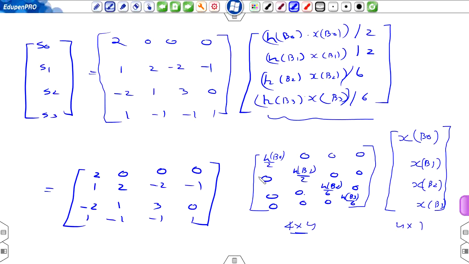So now in this matrix we can replace the values of h of beta i and x of beta i with the values that we have calculated.